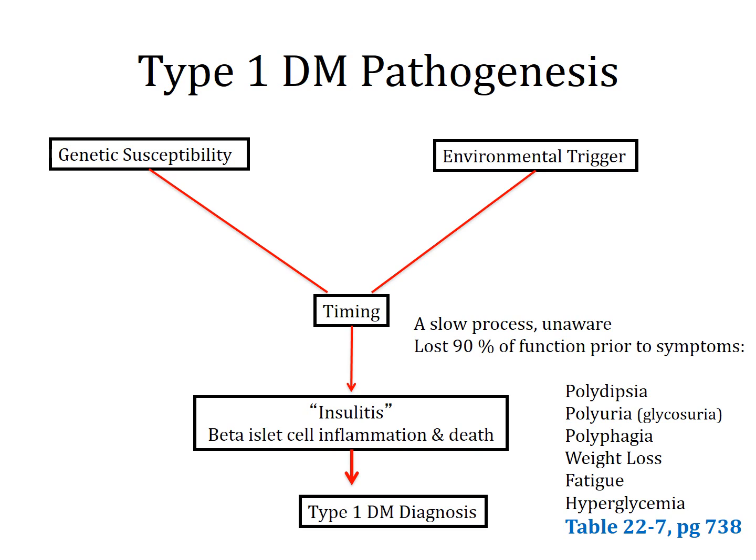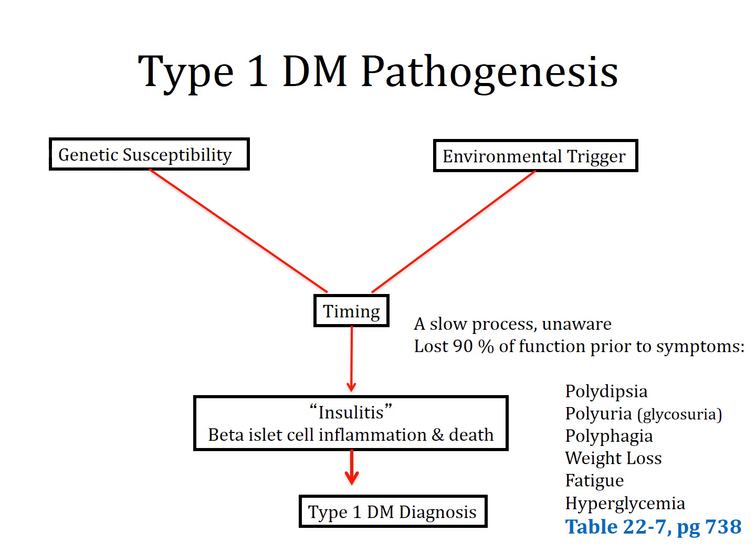And it takes about 90% destruction of these islet cells before the individual becomes clinically aware or starts to manifest signs and symptoms. And the signs and symptoms of elevated blood glucose are polydipsia, drink a lot, polyuria, pee a lot, with glycosuria, sugar in the urine.